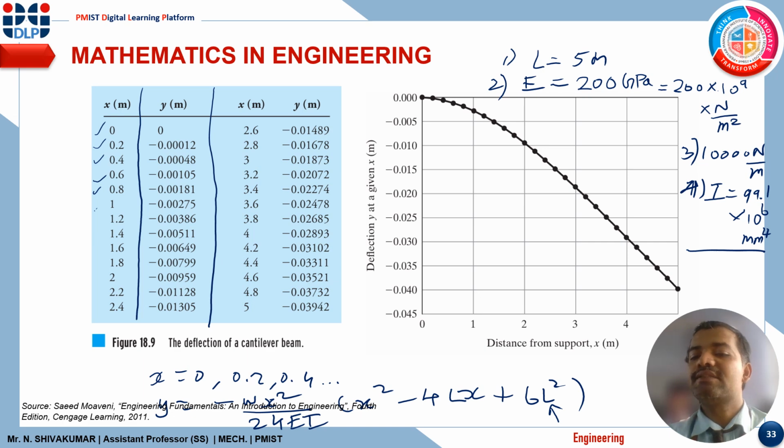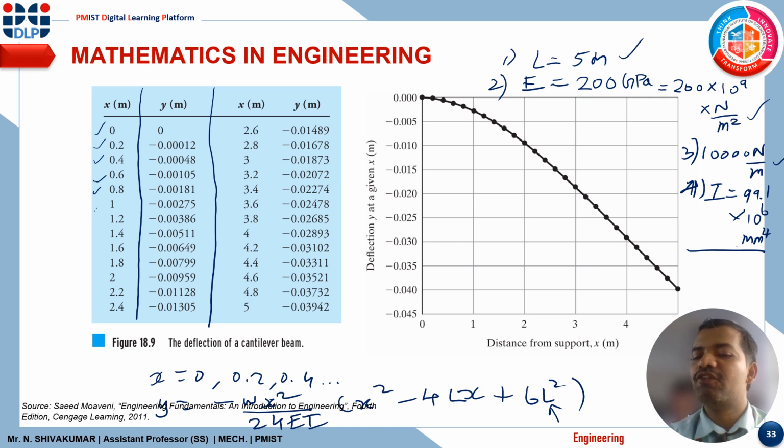So the convenient is convert this millimeter power 4 into meter power 4. What we have to do to convert a millimeter power 4 into meter power 4? Everything you convert into meter. So this value is meter, this value is in meter, and this is in meter.